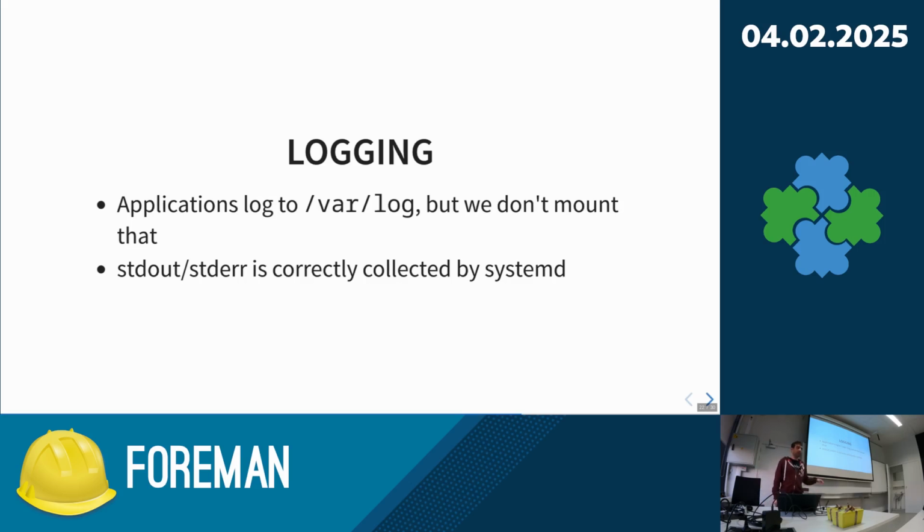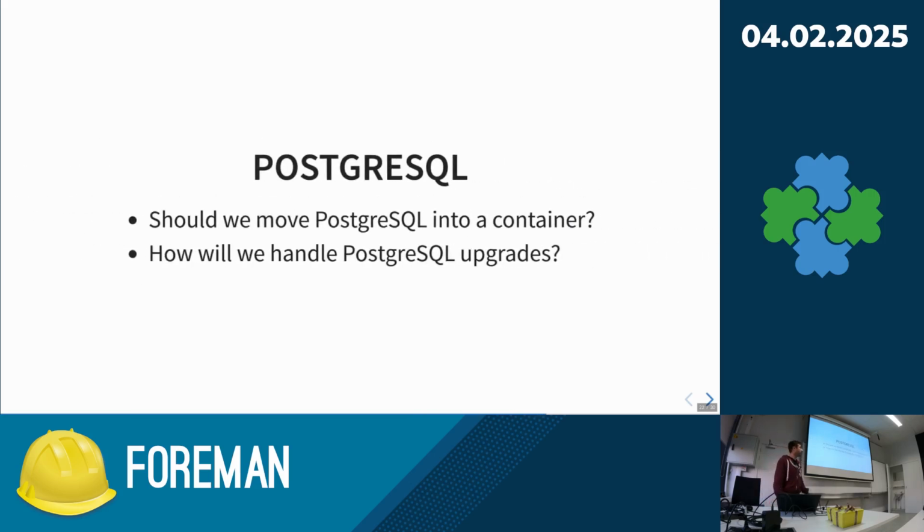And then we come to this lower part of my graphic where things were not colored. What do we do with PostgreSQL? I've been doing PostgreSQL since 2010. No, lying. 2006, yeah. 2006 was the first time I touched PostgreSQL. And it feels very unnatural to run PostgreSQL in a container, but maybe we will.